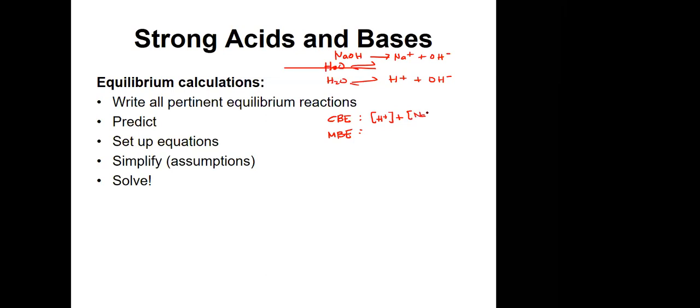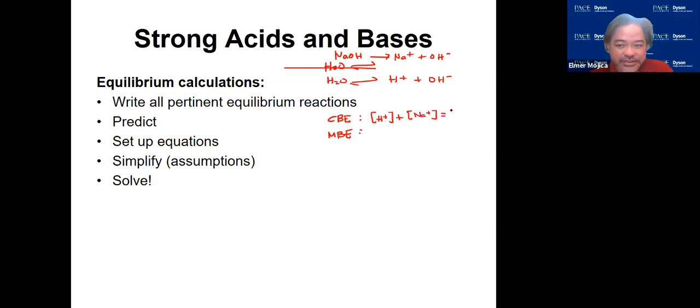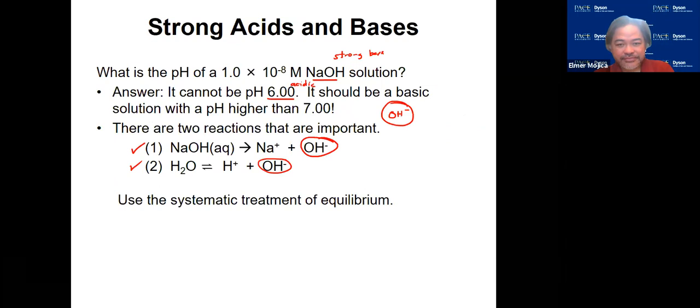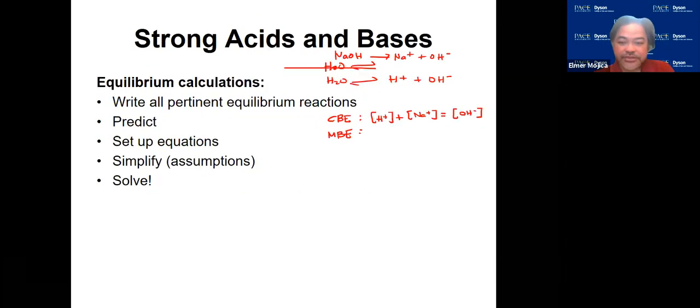Okay, Na plus. You have Na plus, and the only negative charge is your hydroxide. Okay. In your mass balance, what is the one that is given? The NaOH concentration. So you can put there Na plus is equals to, no, not 0.1, 1.0 times 10 to the negative 8 molar.